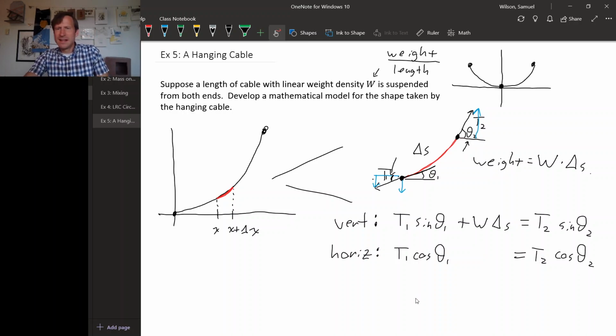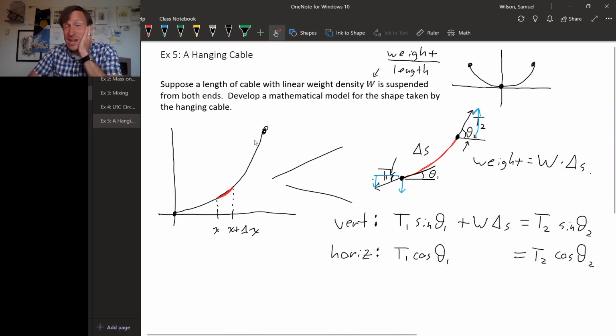All right. Now, with this kind of situation, it's not at all clear how or even if derivatives are going to show up. I guess what we should do is come up with a symbol that represents the shape that this cable is taking.